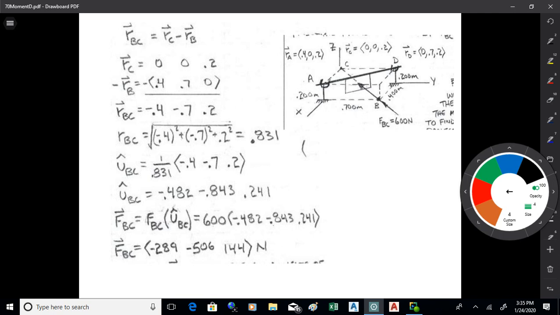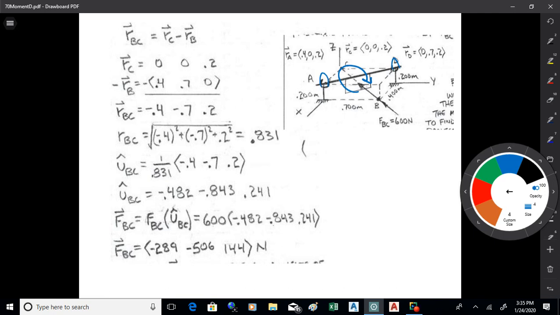I want to find the moment of the 600 Newton force about that axis AD. I've got a couple bearings there, let's say, that are holding that axle, and I want to know how much moment I'm going to get about this axle. What's going to make that plate spin about those two bearings at A and B? That's the physical question I'm asking here.